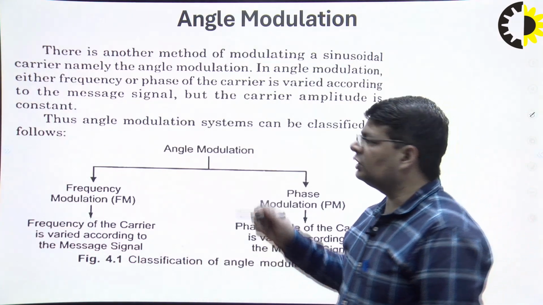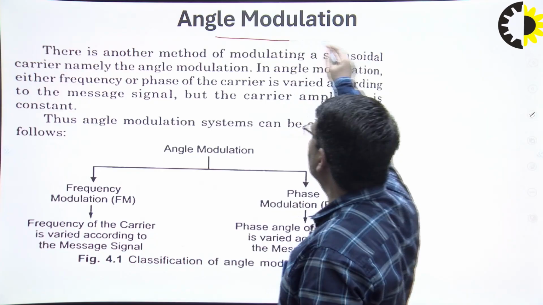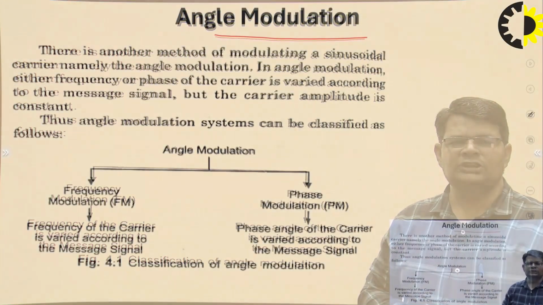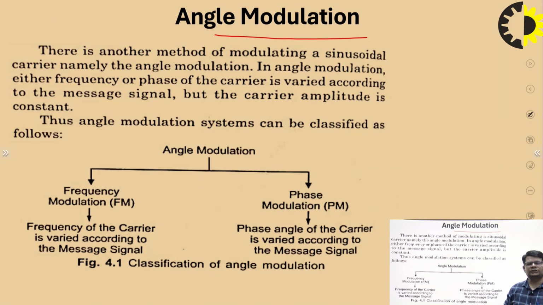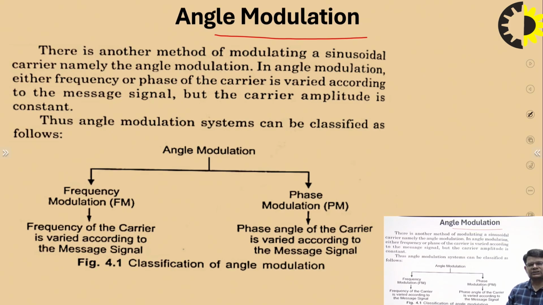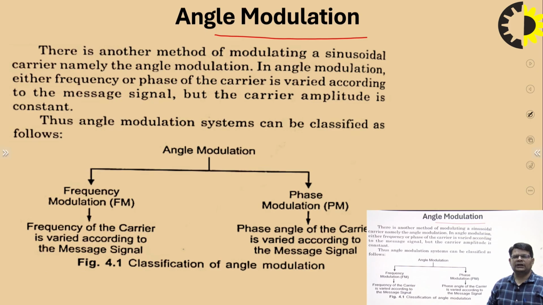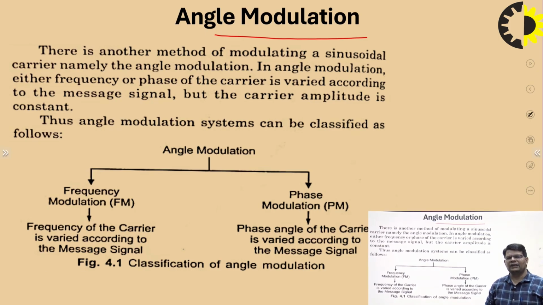So basically we are talking about angle modulation in this lecture. We have earlier studied that modulation is the process of conveying information using the communication system, in which the characteristics of the carrier signal are changed according to the message signal. That is, in modulation we vary the characteristics of the carrier signal.